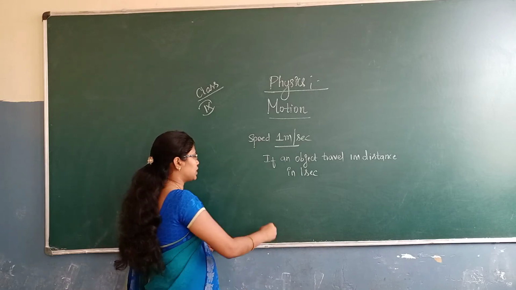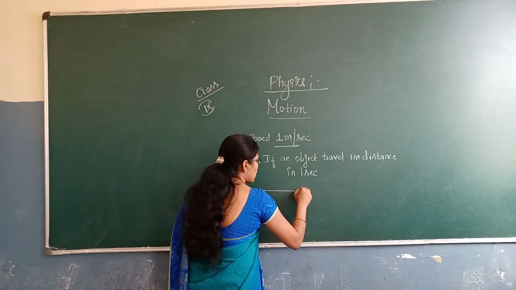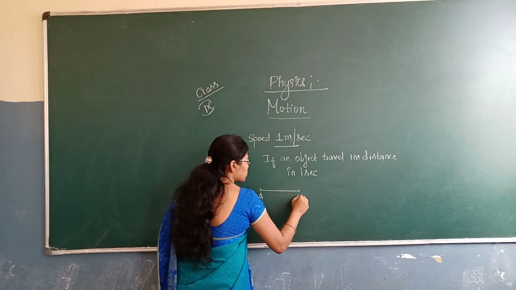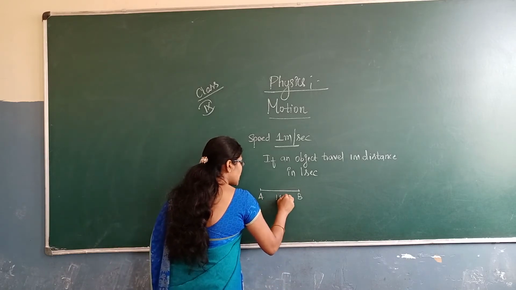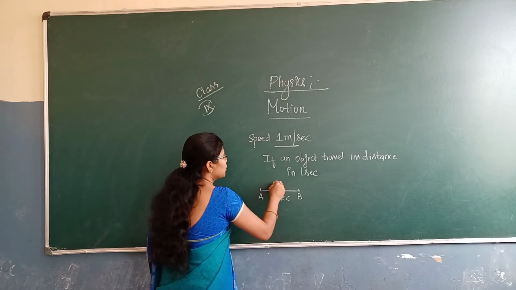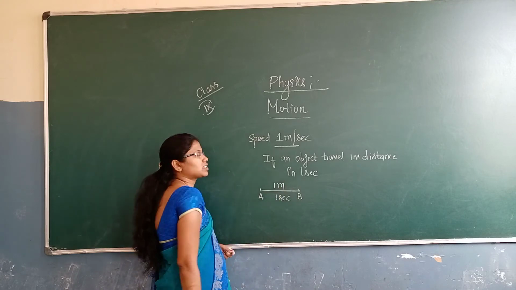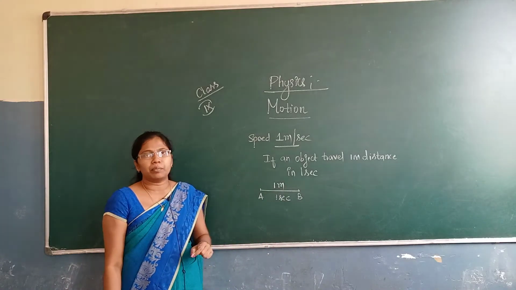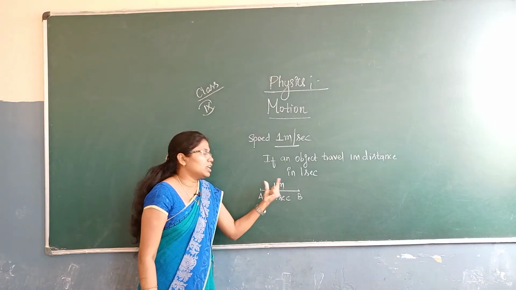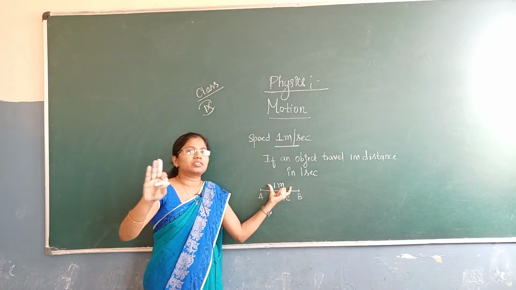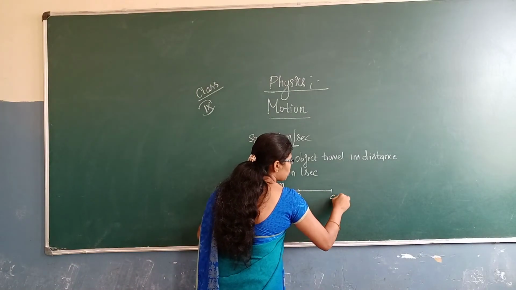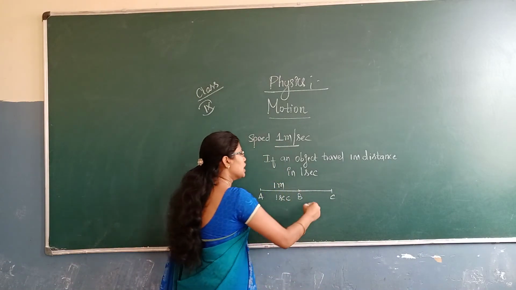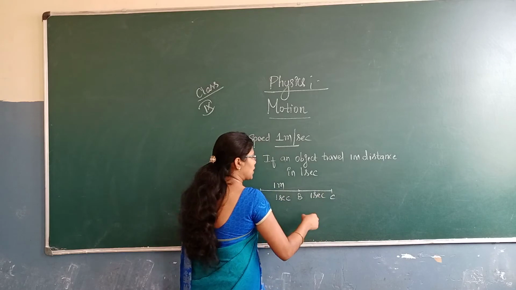So what it means is, suppose an object travels from point A to point B, and here it has taken a time of 1 second. So in that 1 second it has covered the distance of 1 meter. In 1 second it must cover only 1 meter distance. Then to move from point B to point C, again the time should be 1 second.